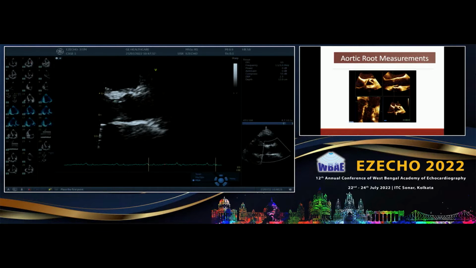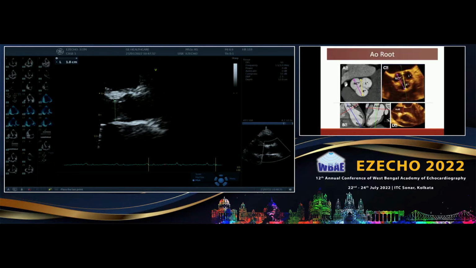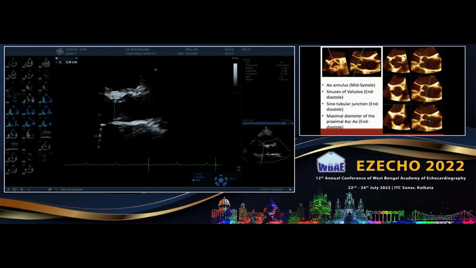That is generally above this point, which on the echo we cannot make out. Only the CT sees the true annulus, because they can make out where the muscle ends and where the fibrous tissue of the aorta starts. So what we take is a pseudo annulus, but for all practical purposes that is correct, and that is at the hinge points in mid-systole, correct?